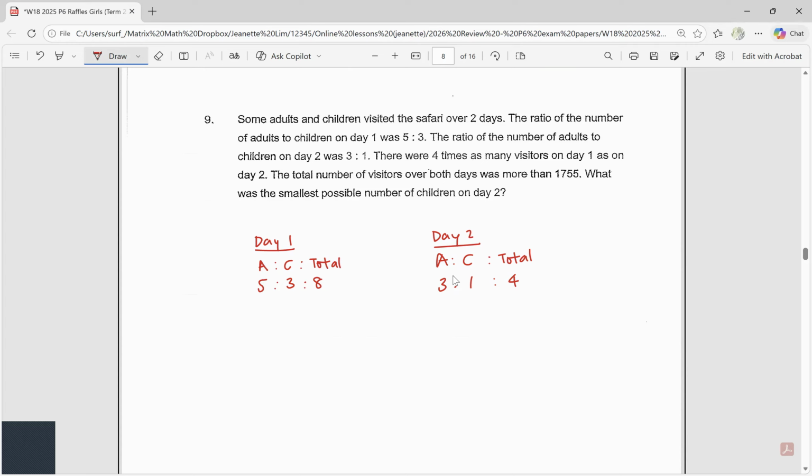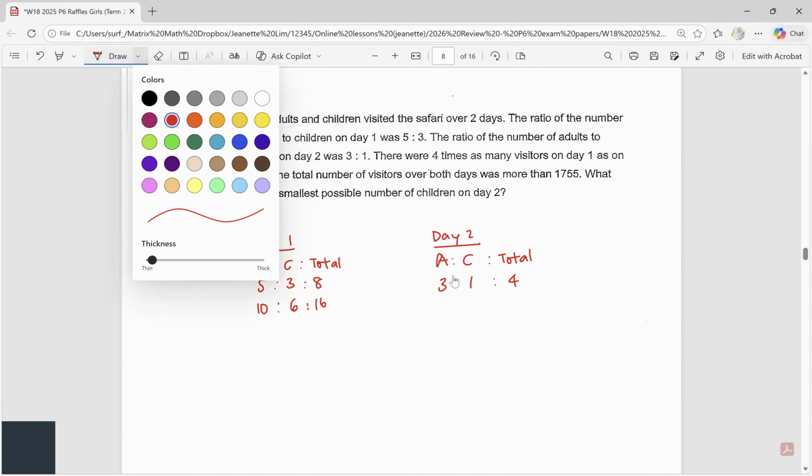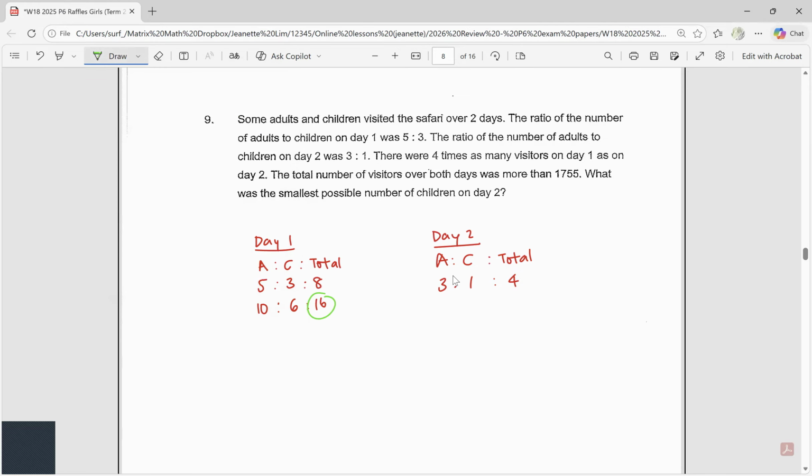So for day 1, to make it 16, I will times 2. So 10 to 6, 16. So let me just make a note here. This has to be 4 times of day 2.